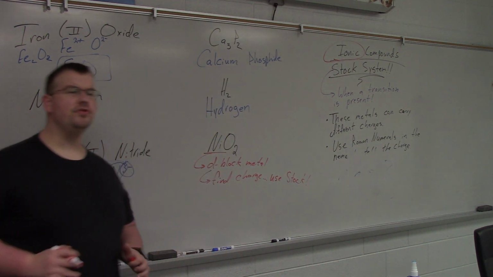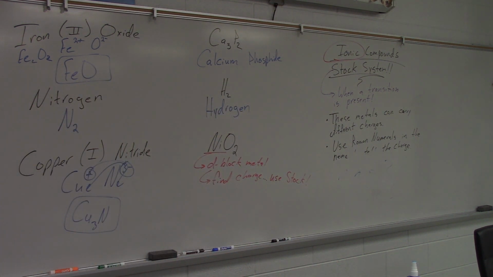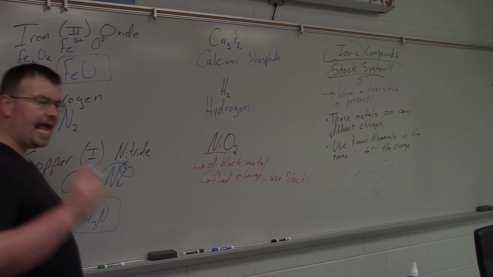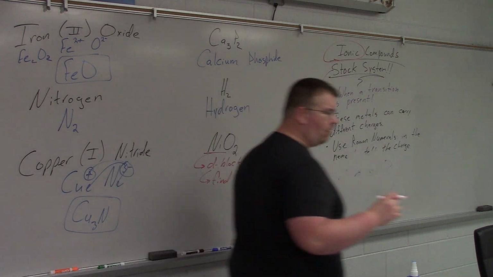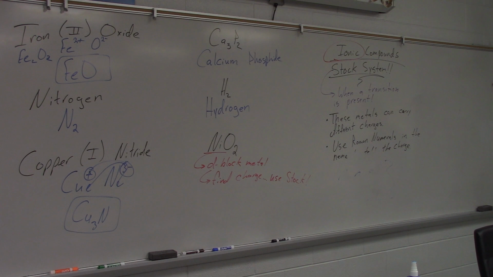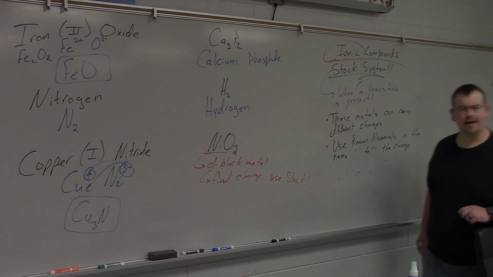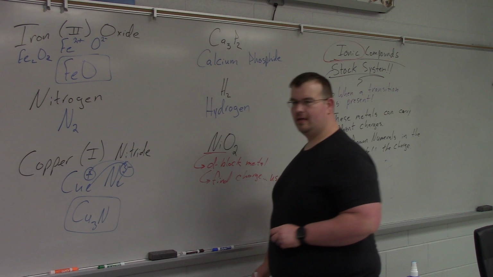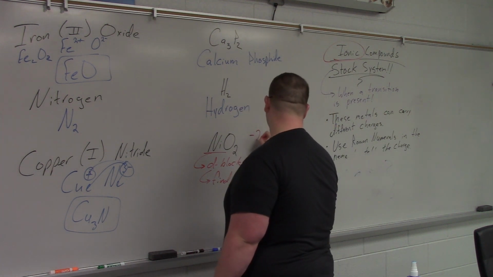In order to find the charge, you have to work it backwards. Look at the anion or the polyatomic ion that it's bonded to. When we look at this, it's bonded to oxygen. What is the charge of oxide? 2 minus, so negative 2.